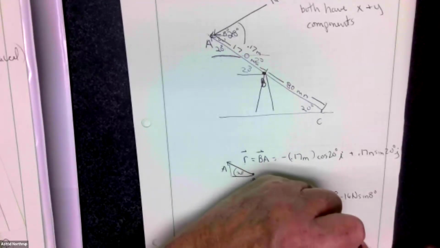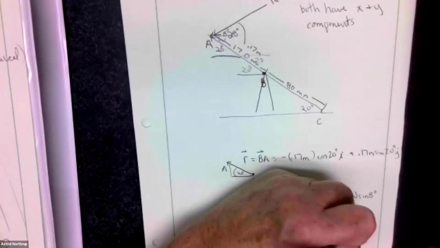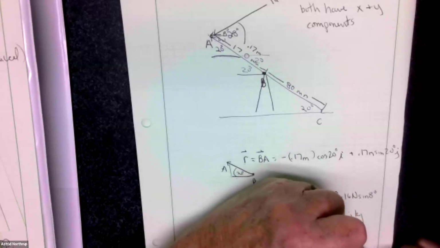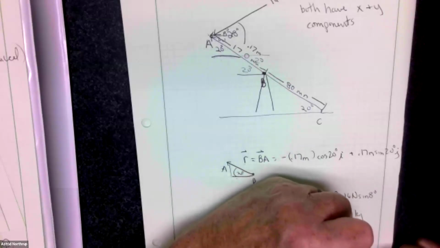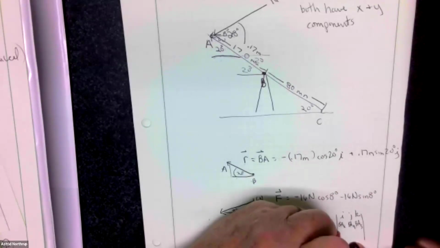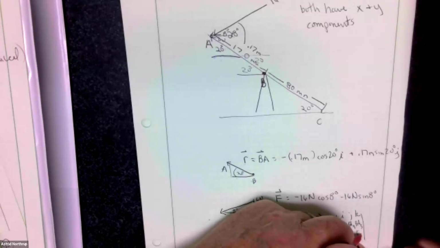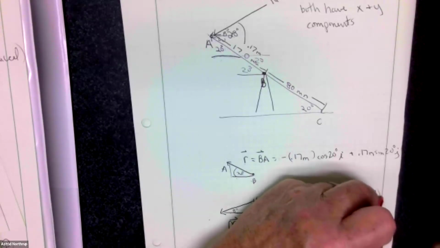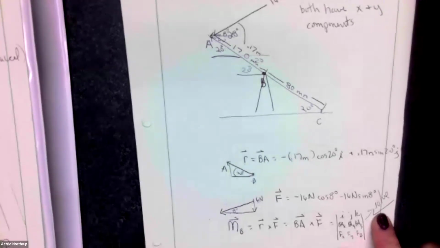Then you'll put that into that determinant, IJK, with the first components being B sub A in the x direction, B sub A in the y direction, B sub A in the z direction, and then F in the x direction, F in the y direction, and F in the z direction. And then solve, as we did with our other two vectors.